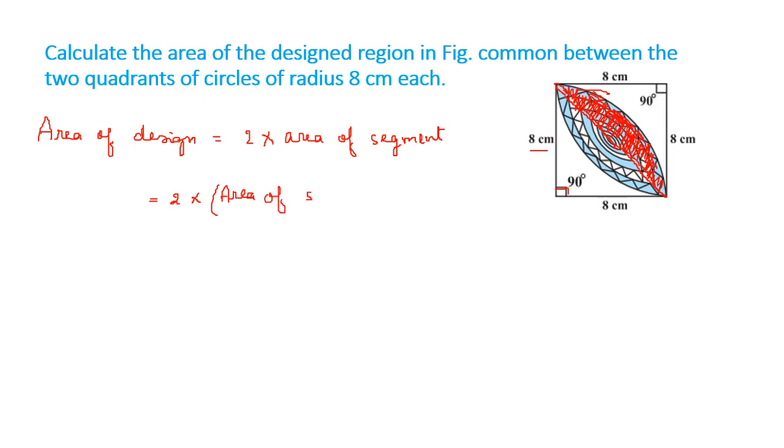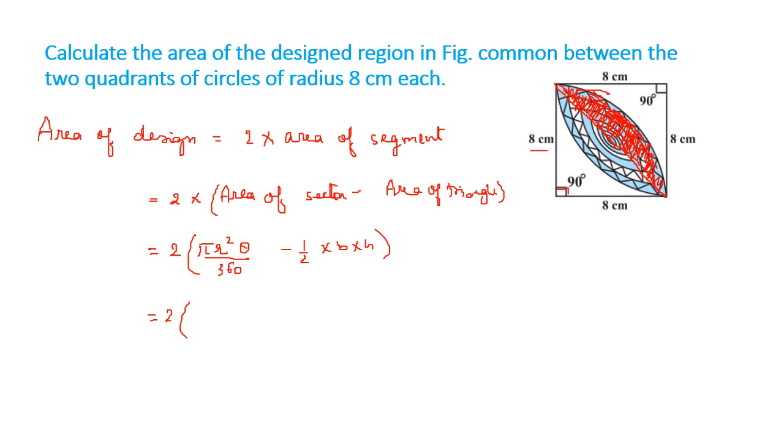Area of sector minus area of triangle. What is the formula for area of sector? Pi r square theta upon 360, and area of triangle is half into base into altitude, so twice.